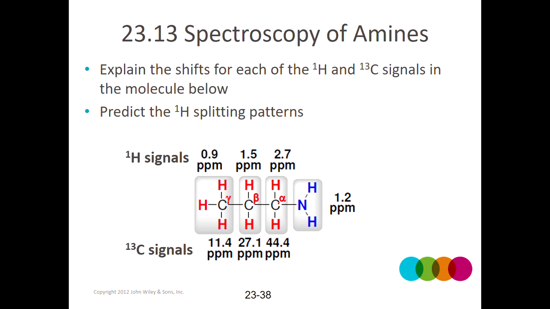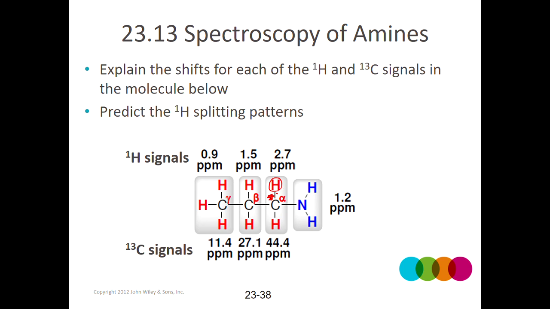For protons that are on a carbon, they're not exchangeable, right? So these electrons aren't going to be stable as a lone pair on a carbon. So it's not like this proton's given away and then a new one comes in. This proton is stuck here. It's not going anywhere. So whatever its environment is, every molecule that has a proton on this carbon is going to have the exact same environment.